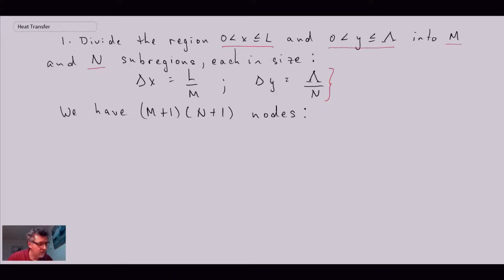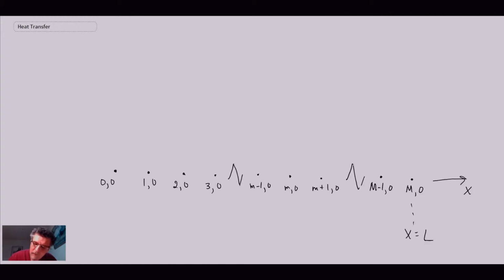So what I'll do next is generate the grid. Applying the grid to the x-axis, we have nodes going from 0, 0 up to capital M, 0.